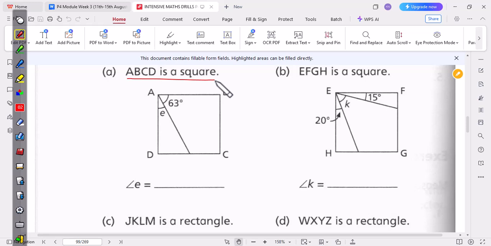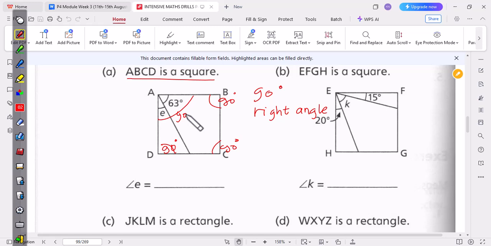We know before that for a square, each angle must be 90 degree or right angle. So for this case, this one must be 90, 90, 90, and 90.